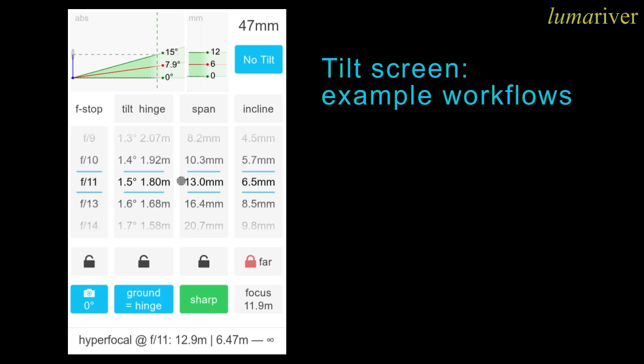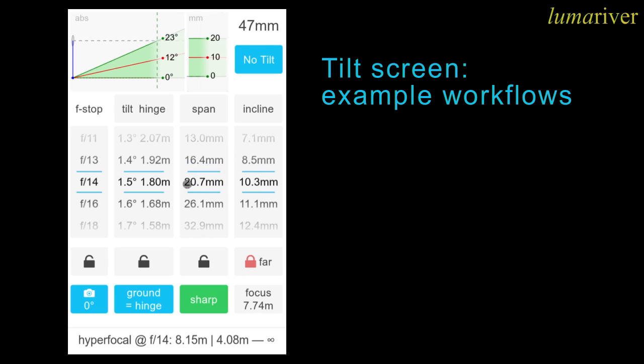Say the tallest feature is a mountain in the background which takes up half the sensor height, that is 18 millimeters. Then we set the span to the closest above, which is 20.7 millimeters, and we get f14 as the resulting f-stop. You can have a small ruler to measure on live view.